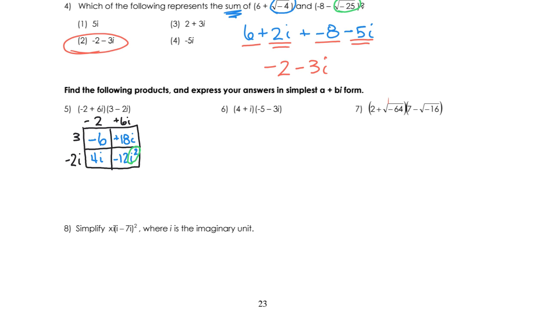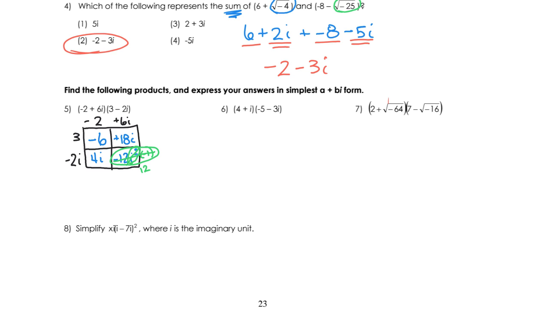But with i's, they can be simplified down, and i squared, if you remember your i's, is actually equal to negative 1. And so we're going to replace this with a negative 1. And so this box here becomes negative 12 times negative 1, which is actually positive 12. Okay, so we'll do all that in the box there.